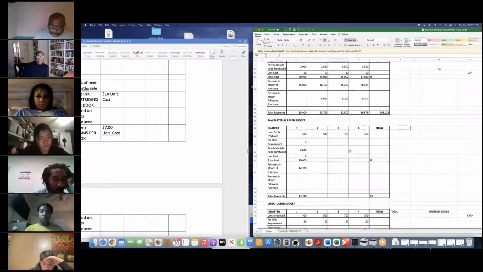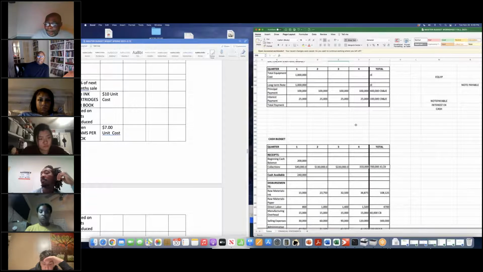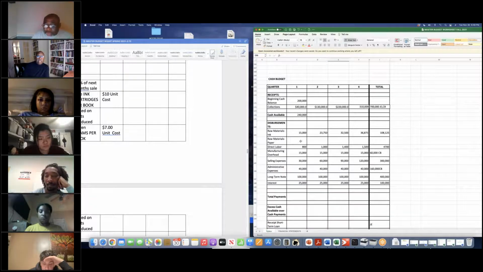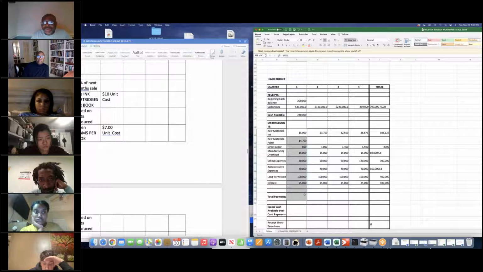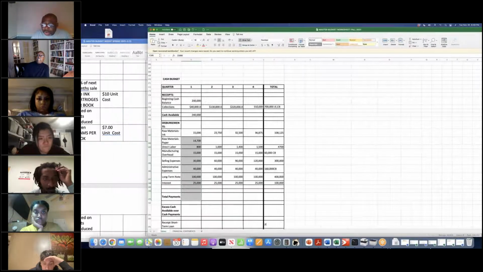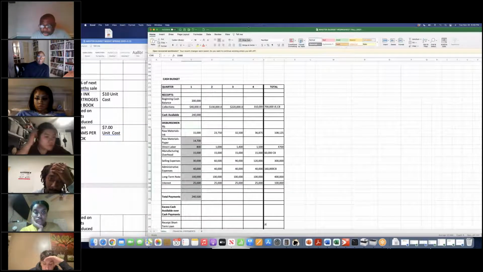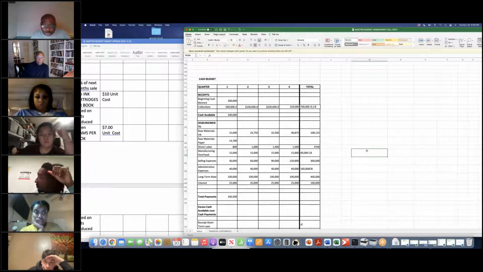So what I'm going to do is let you all finish it up. But now I have everything in here. 14,700. I have all my expenditures. So if I add up all of these expenditures, what am I going to end up with as a total expenditure? 240,500.